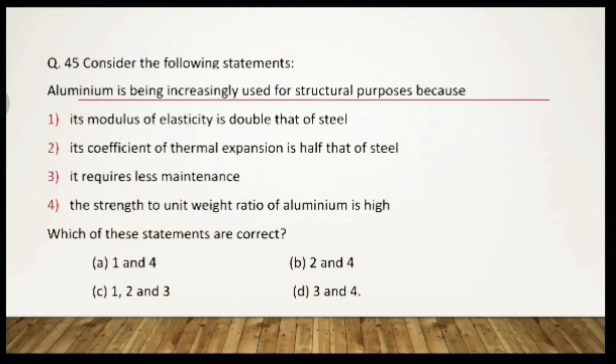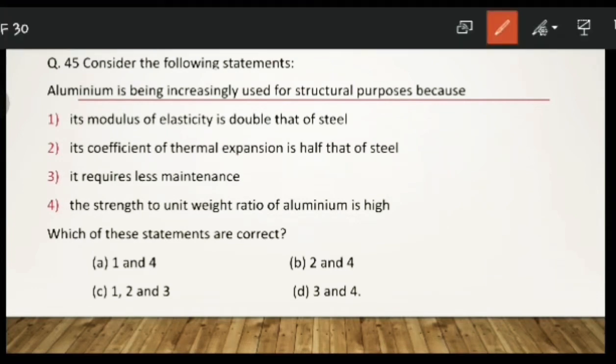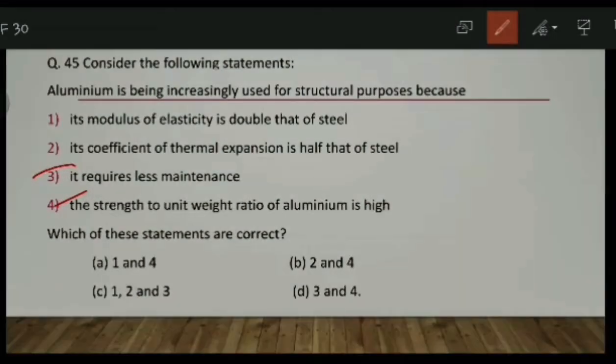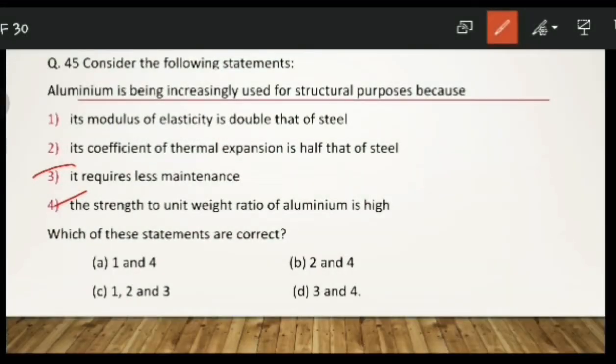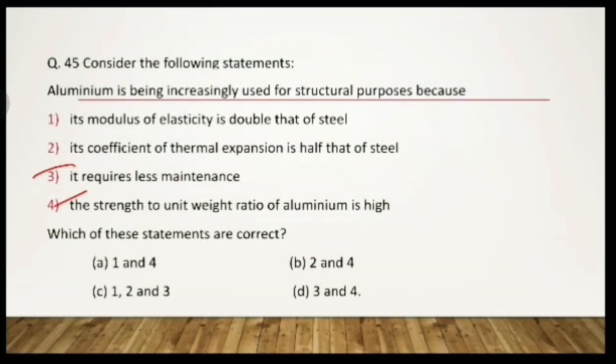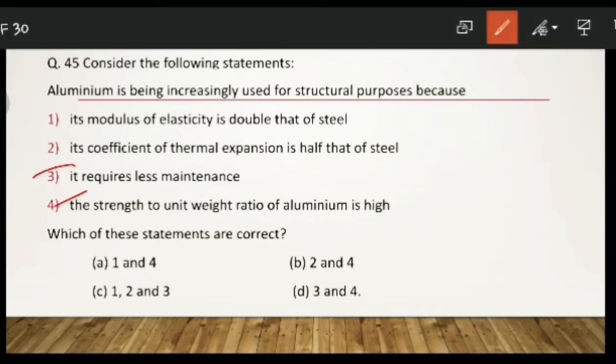Options given: 1 and 4 correct, 2 and 4 correct, 1, 2 and 3 correct, 3 and 4 correct. Here your option 3 and 4 is correct. Option D is correct. It requires less maintenance and strength to unit weight ratio of aluminium is high.